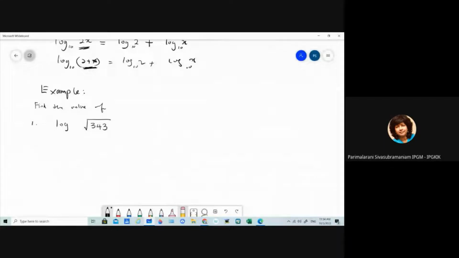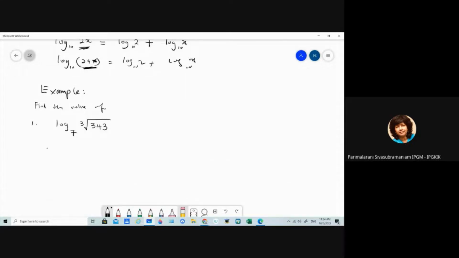Find the value of log of the cube root of 343 base 7. How do we do this? What is the cube root of 343? Let's remove this cube root first.